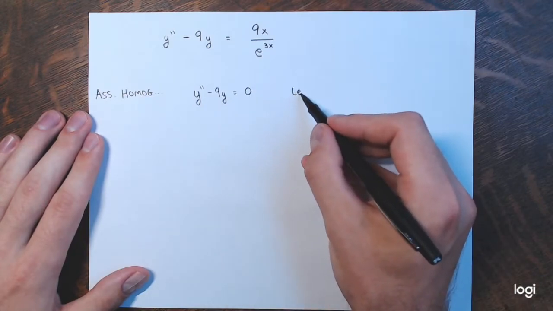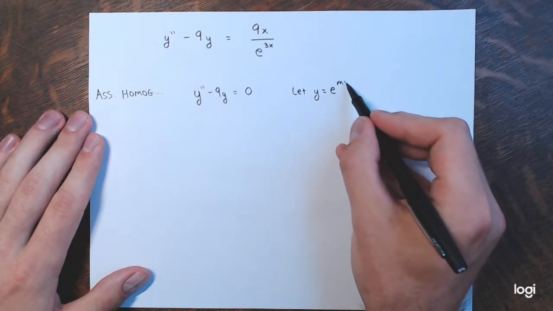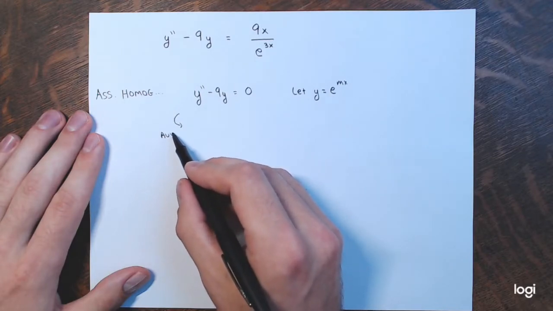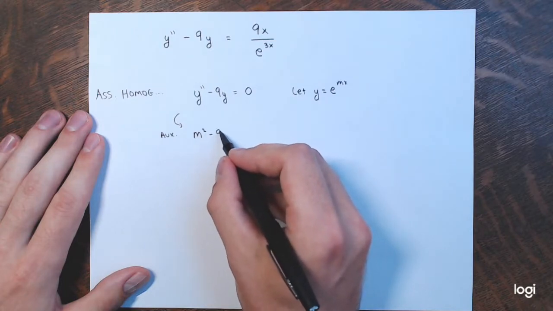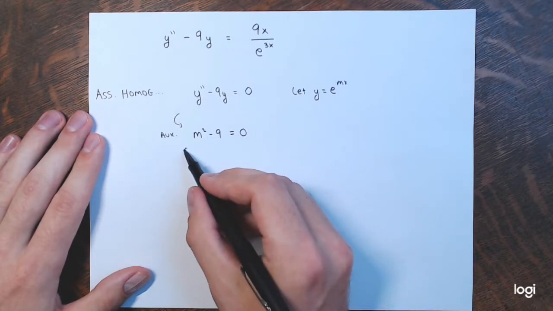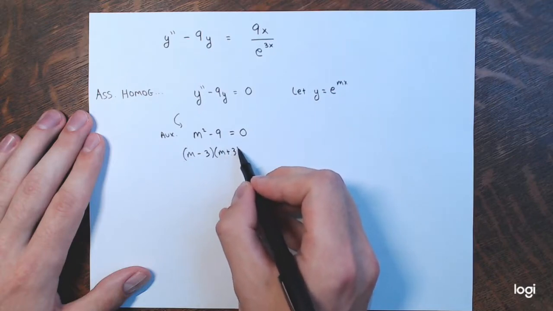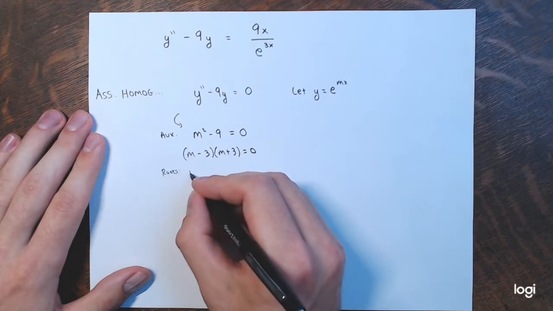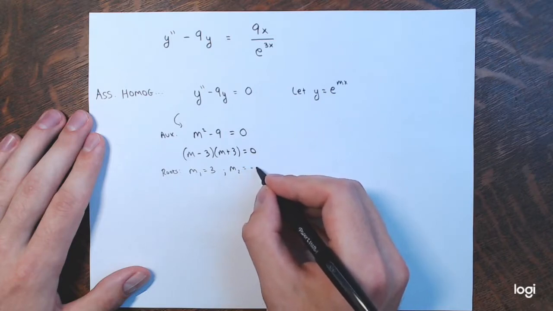And again, if you make the substitution y equals e to the mx, you'd get the auxiliary equation: m squared minus 9 equals 0. And this has two distinct roots, right? This would be m minus 3 times m plus 3 equals 0. So my roots are m equals 3, and m equals negative 3.